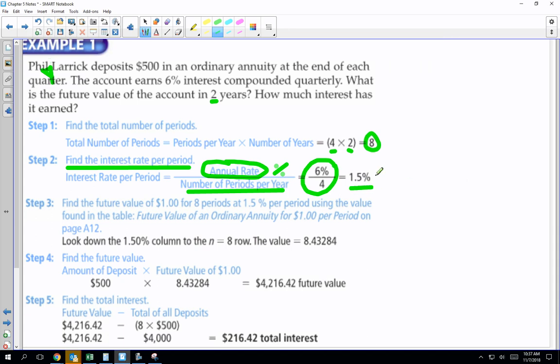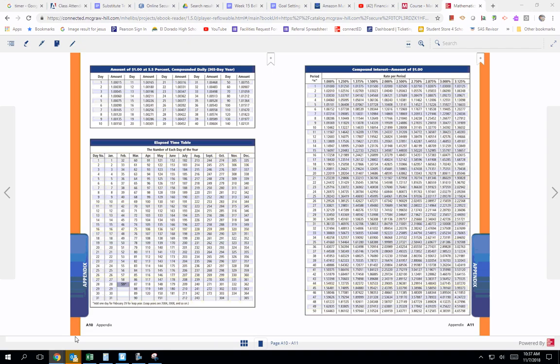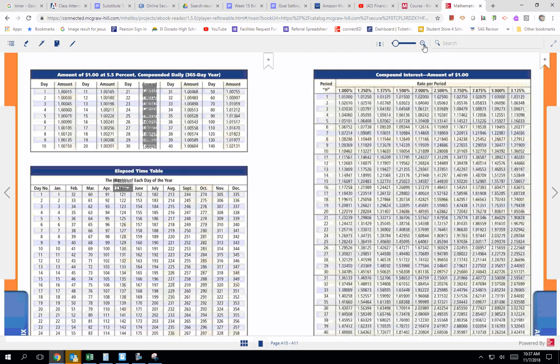We don't convert this into its decimal form, because we're going to look at the table from A12, and we're going to use the information, the 1.5% and the 8 periods, to find our table amount. So if we look at this table here, let me blow it up for you just a little bit more.